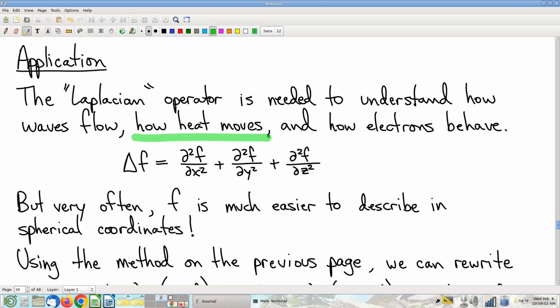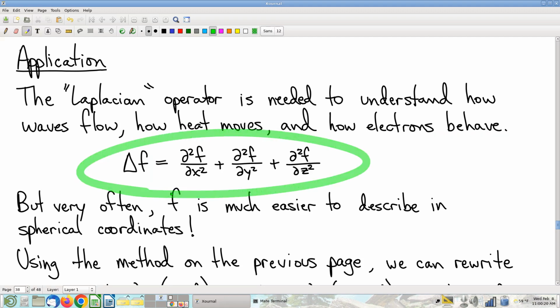That kind of thing, where it's just a one-dimensional situation. But in a three-dimensional situation, heat doesn't just flow in one direction; it flows outward in all directions, and it gets to be a nasty problem. The heat equation, we call it, is written in terms of the Laplacian operator, etc. Schrodinger's equation as well has the Laplacian operator in it. Okay, so this is a big deal.